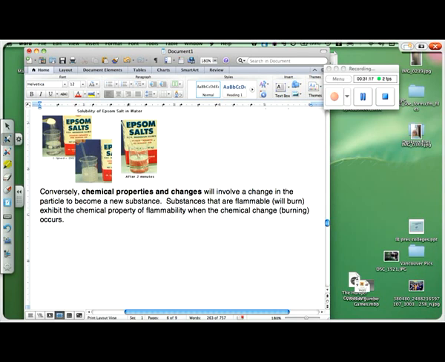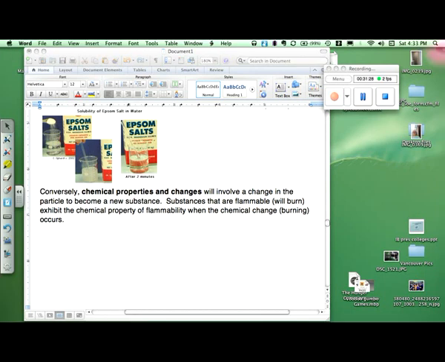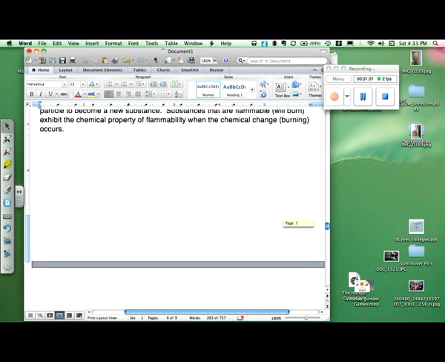The chemical property of copper turning green is just associated with that chemical change. Okay, so changing particles is the definition of a chemical change.